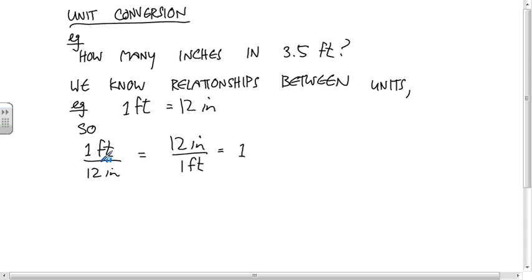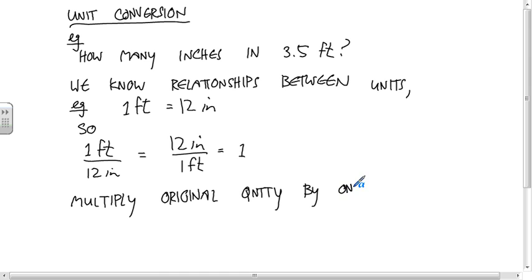So we're going to multiply our original quantity by one of these fractions, one of these versions of the number 1.